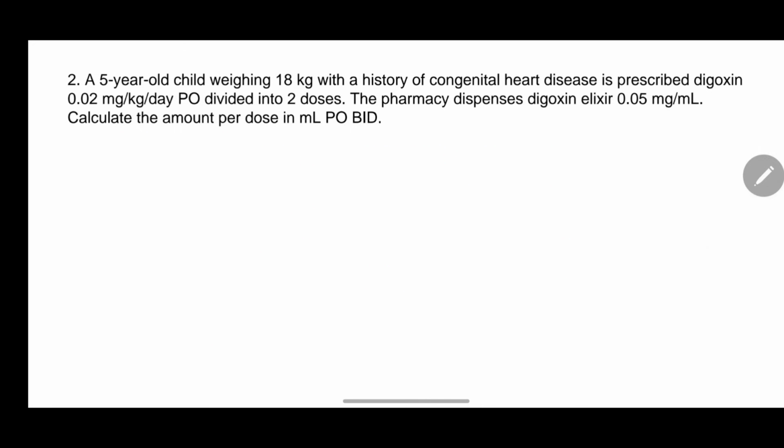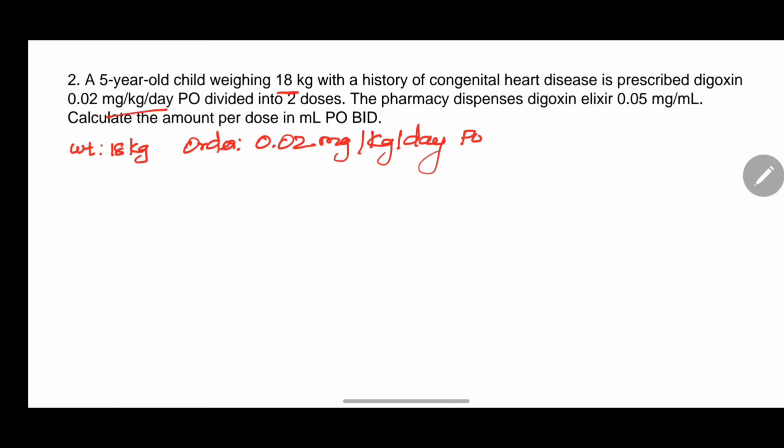Now the second question. A 5-year-old child weighing 18 kg, with history of congenital heart disease, is prescribed Digoxin 0.02 milligram per kg per day, orally.